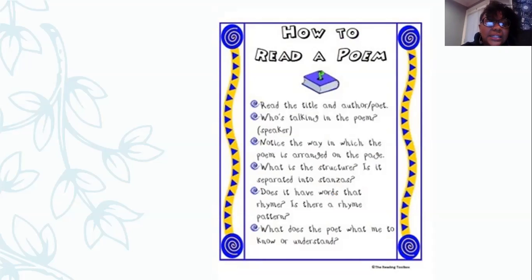Look at the lines. Look at the stanzas. Look at the last word of each line and see if that word rhymes. Maybe there's a rhythm that you need to catch before you start reading. And then before you actually start reading the poem, you should be thinking, what does this poet want me to know or understand?